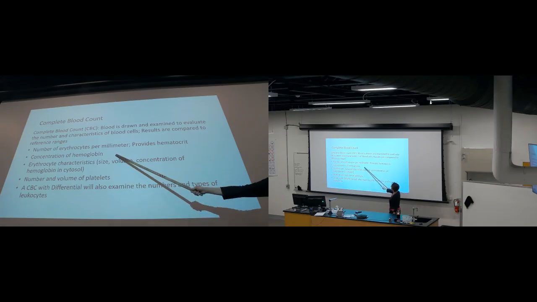And then the concentration of hemoglobin varies. Males have greater hemoglobin. Hemoglobin is a protein that is found inside the erythrocytes, and it is measured in grams per deciliter. Males have around 15 grams per deciliter, females between 12 and 14.